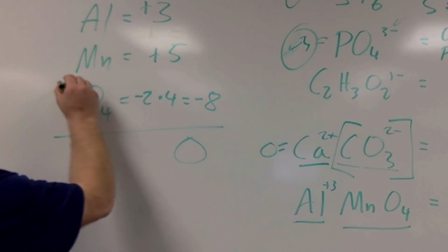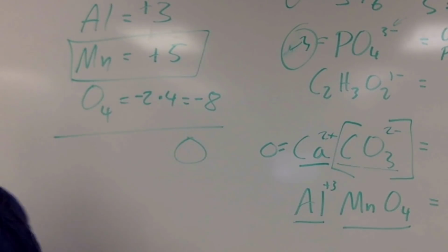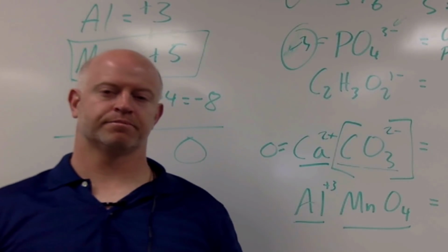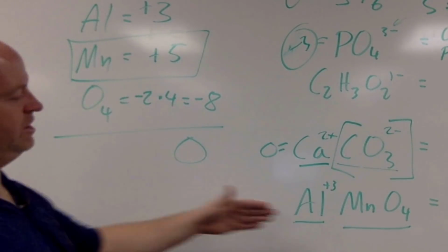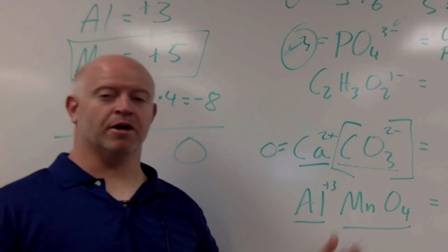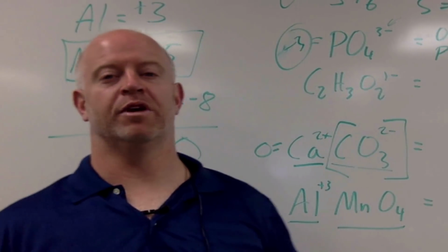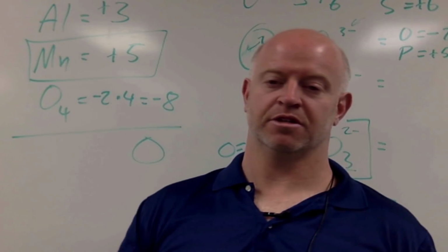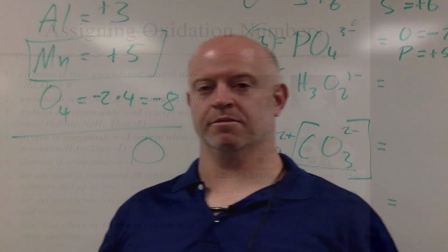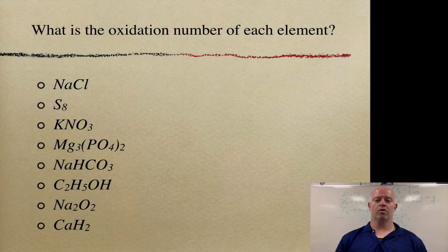So the manganese here is the only one that we really don't know and are solving for. The reason why we do all this is that once you know these oxidation states, if we change the compound or we react it with something, we can then figure out the new oxidation numbers on the product side of the reaction, and we can figure out what has happened to them. Okay? There is a whole list of additional practice for you guys to do to check your skills on this, and we'll also have additional practice in class. Thank you.